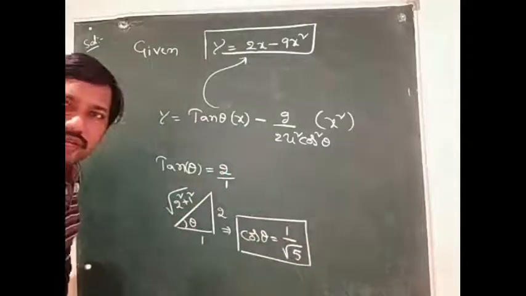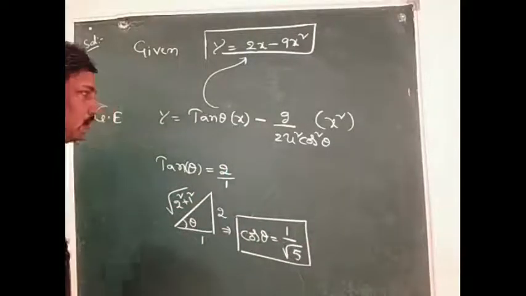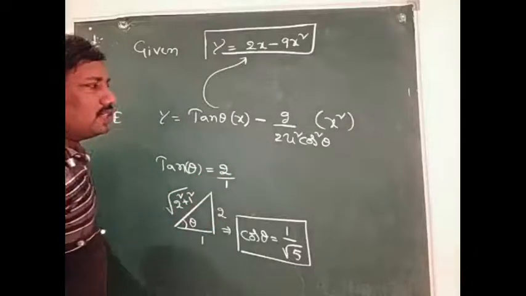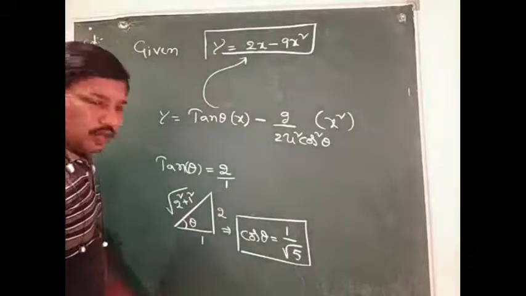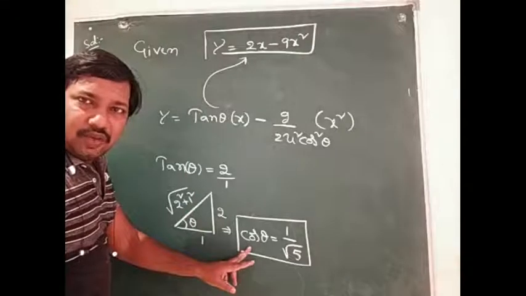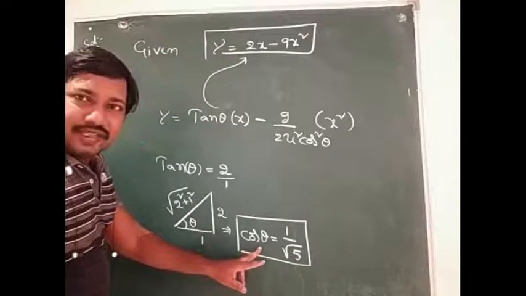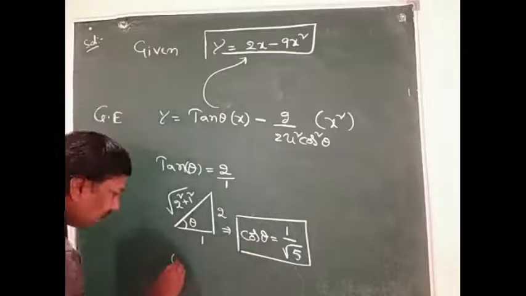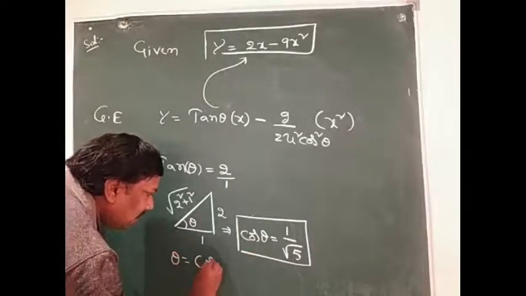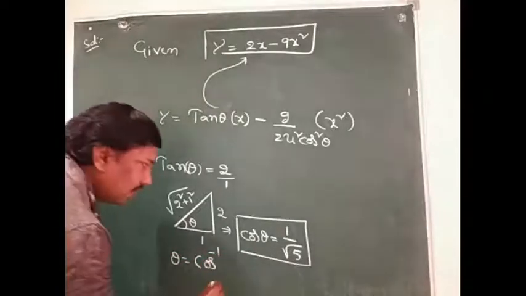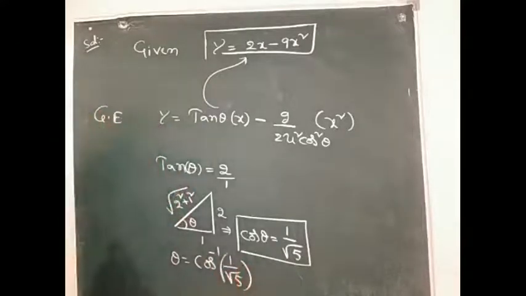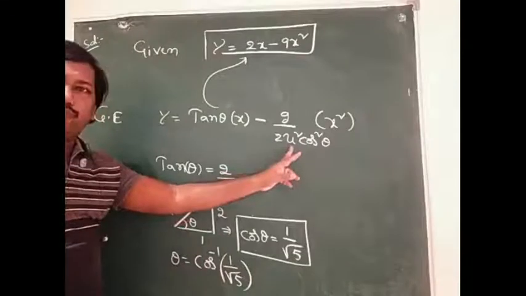So here cos theta equal to 1 by root 5. Therefore theta equal to cos inverse 1 by root 5. Next we can find out the u.